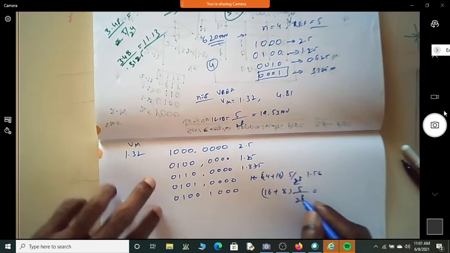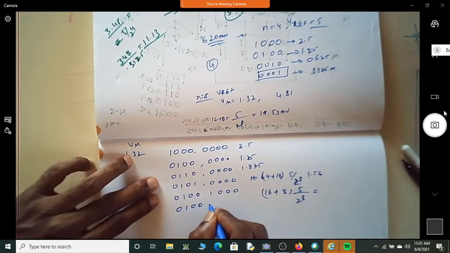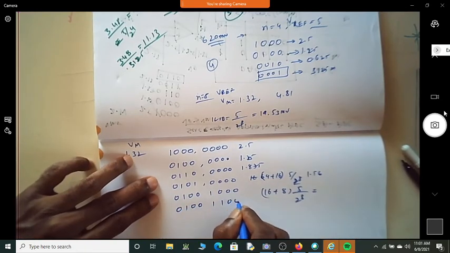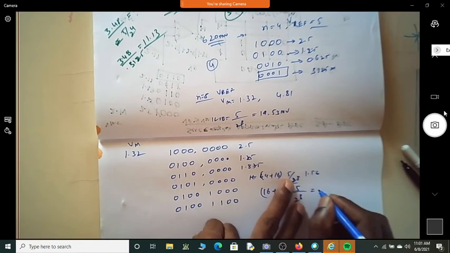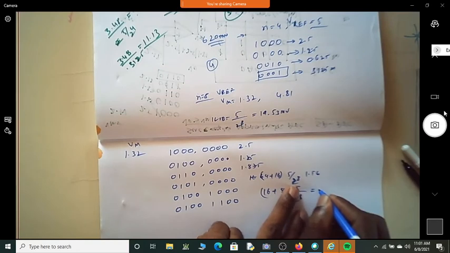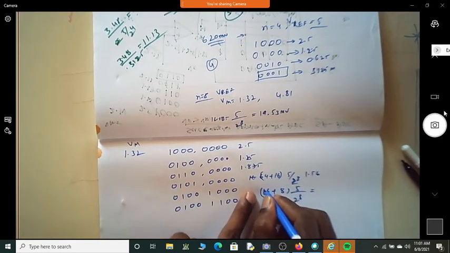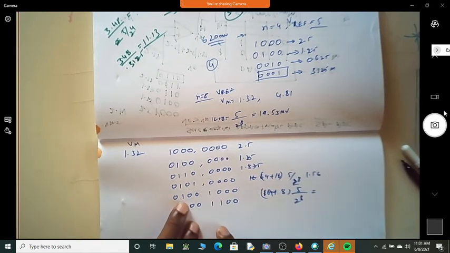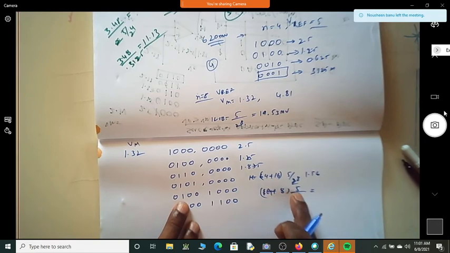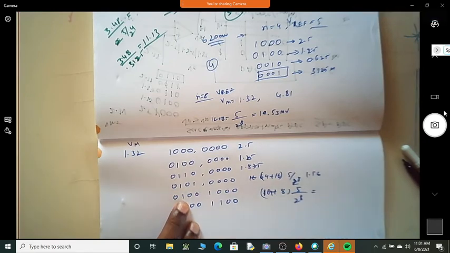I think I can retain. Can you retain? Yes, sir. No, what is this? How much? Sorry, sir, not 16, 64. Sorry, this is 64, because 64 is there, not here. 64 plus 8, 72 into 5 by 2 power 8.